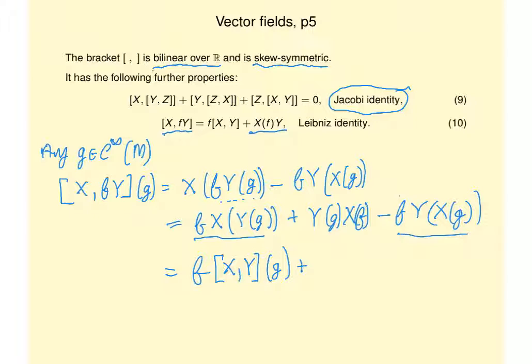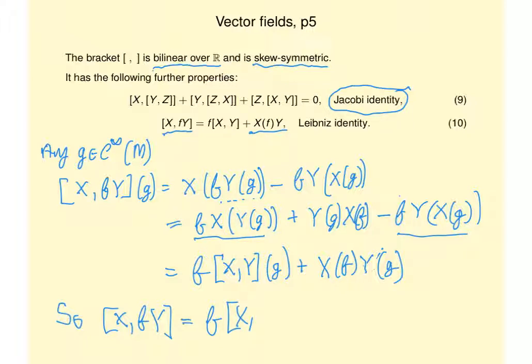And the g, of course, is the variable, so let's write x of f first, and then y of g. So this is true for all g, and so I can remove that and say that the Lie bracket of x with fy is equal to f times the bracket of x and y plus x of f times y.